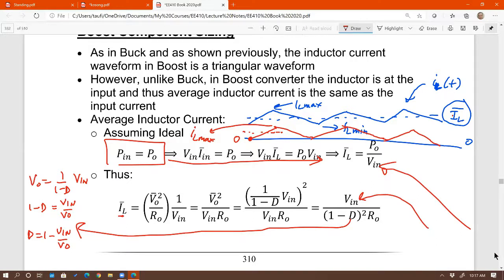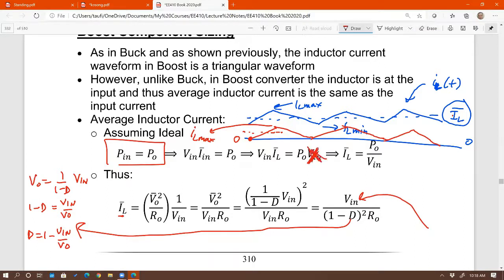Professor? Yeah. Just a quick thing, it looks like you have a typo in the derivation for the first IL average. Oh no. You added in a P out V in. I don't think that the V in belongs there. Oh yeah, I noticed that too. Oh, this should be crossed out, huh?